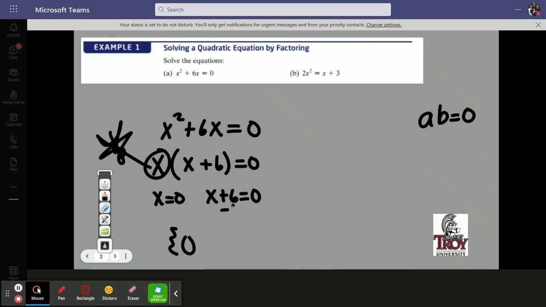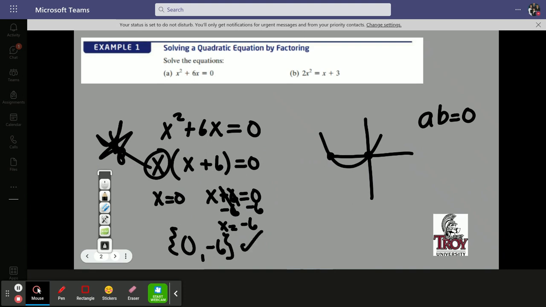But this is not. I've got to get that x by itself. So x equals negative 6. So my solution set is 0, negative 6. When I go to graph this, like we're going to have to in chapter 4, my graph is going to cross at 0 and at negative 6. That's the information I just found out here.